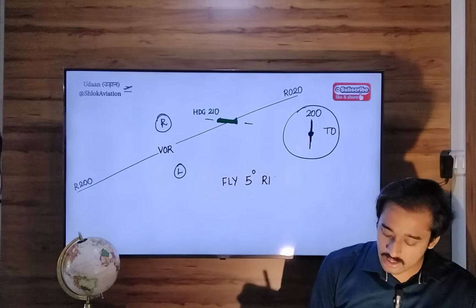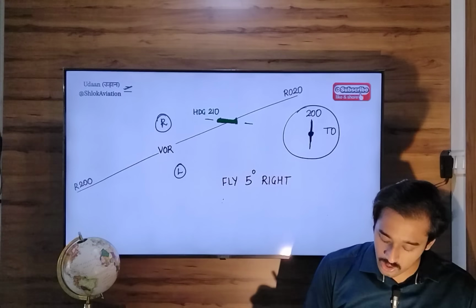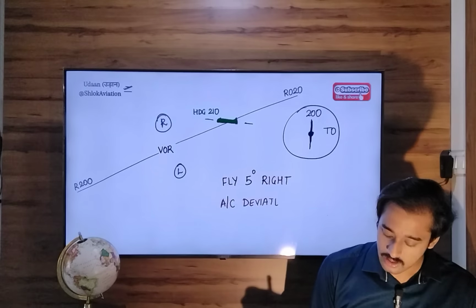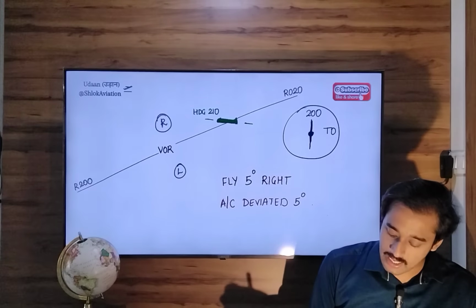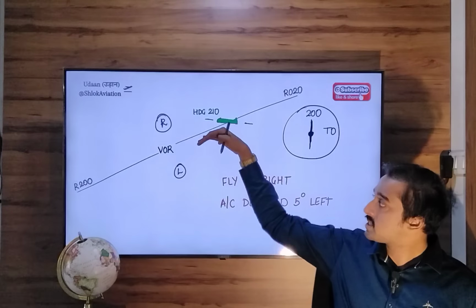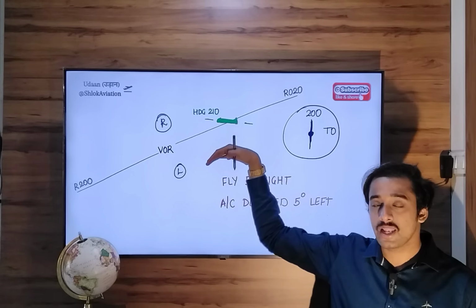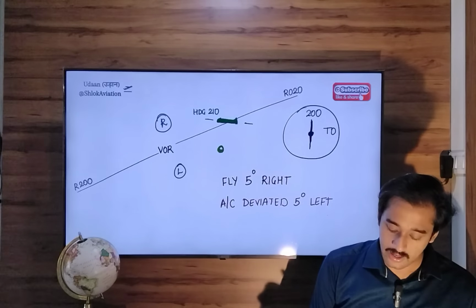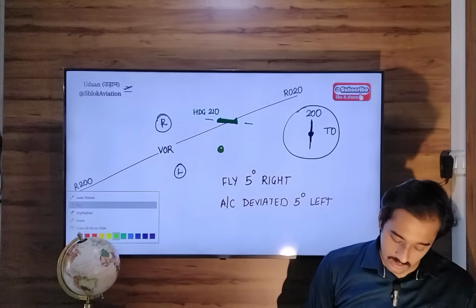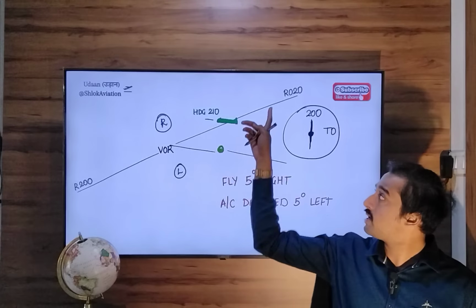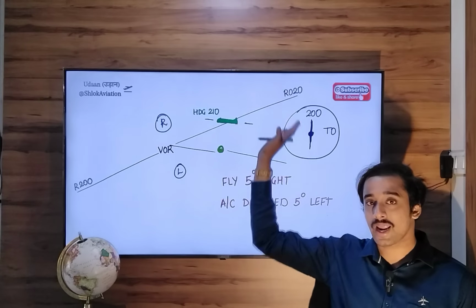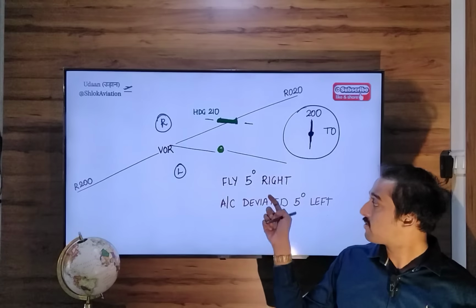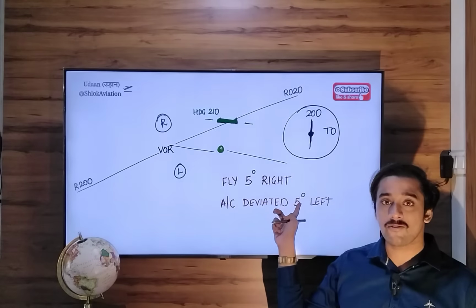fly 5 degree right, that means aircraft has deviated 5 degree left from its track. Now going inbound, this is your left hand side. So aircraft is somewhere to the left hand side, somewhere here, let's say. And over here, the radial passing through that position will be a radial which is more than radial 020 because it is to the right hand side. So it can be 021, 025, 030. But we know that the deviation is 5 degree.